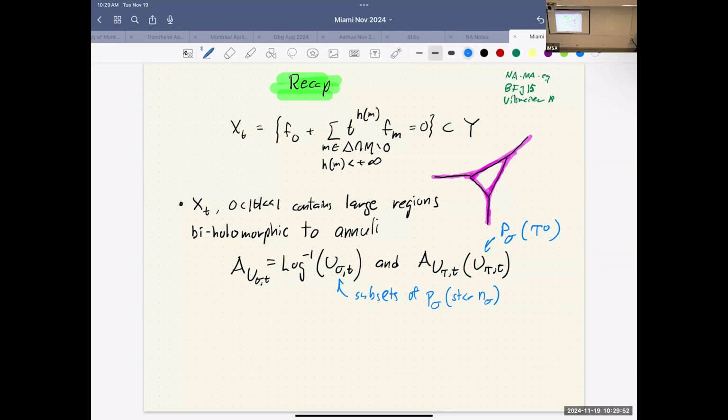I'll also try to mention these more general settings again by looking at semi-stable simple normal crossing models as well.